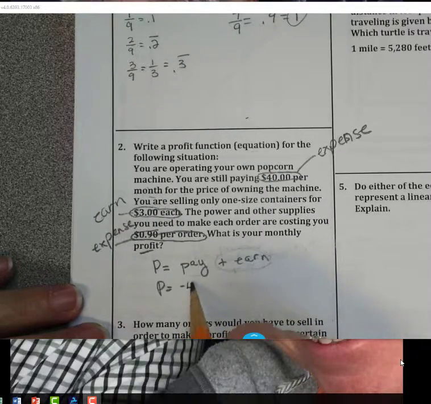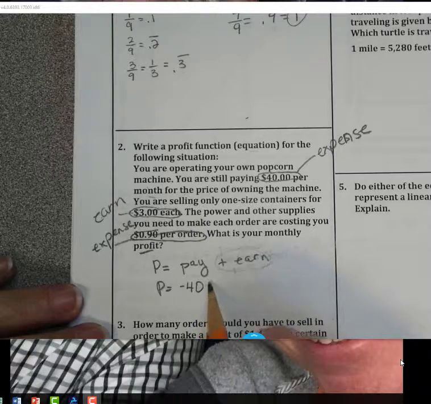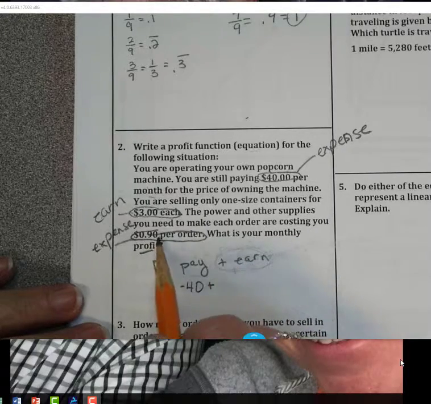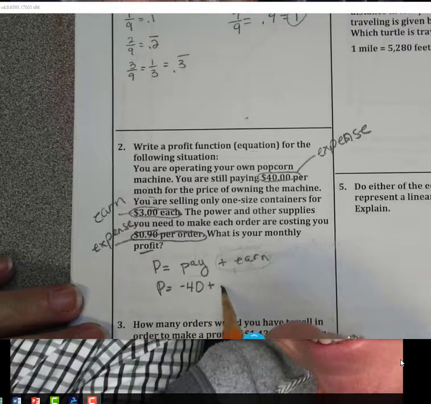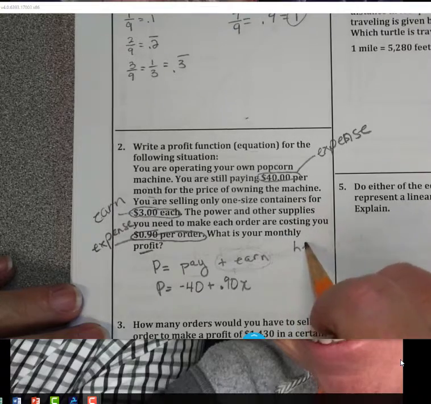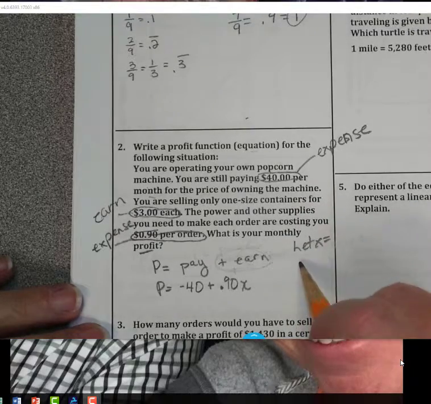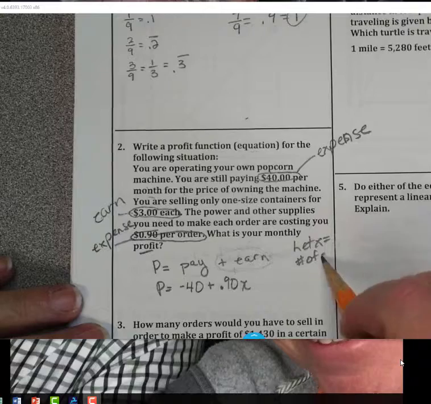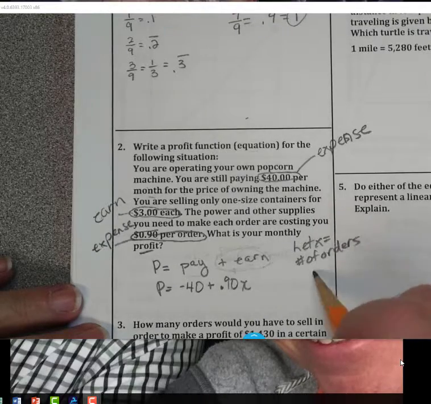So we've got to pay the $40 per month, and we also have to pay 90 cents for every order of popcorn. So I'm saying let X equal the number of orders of popcorn.